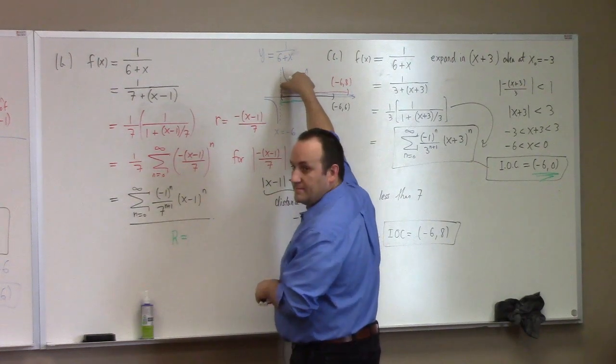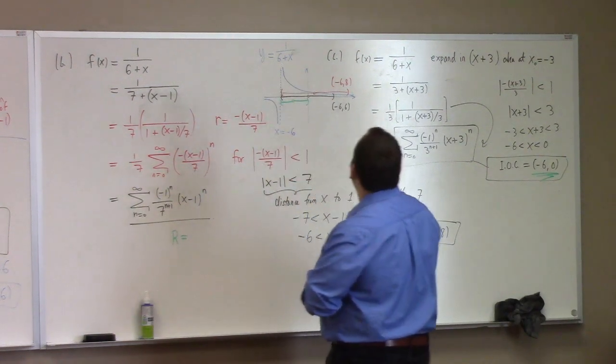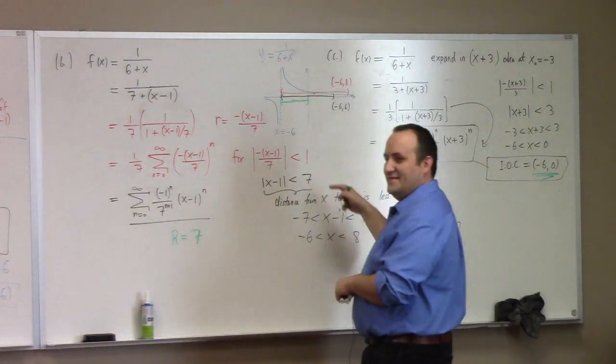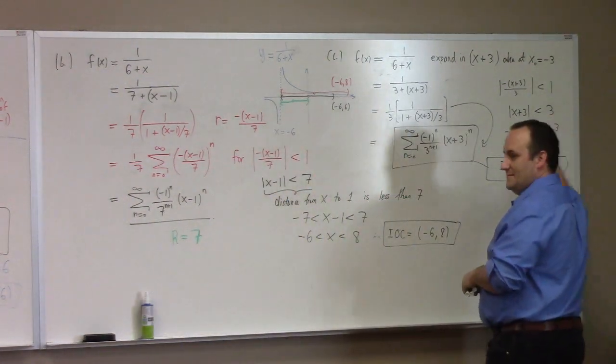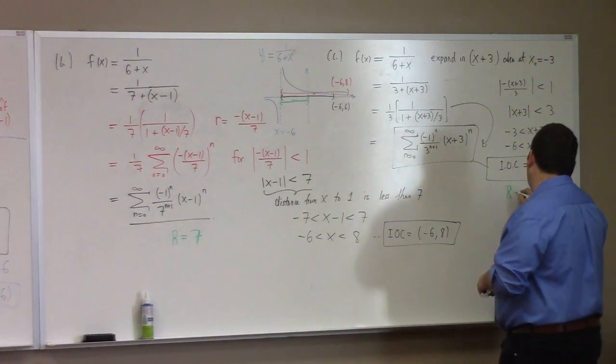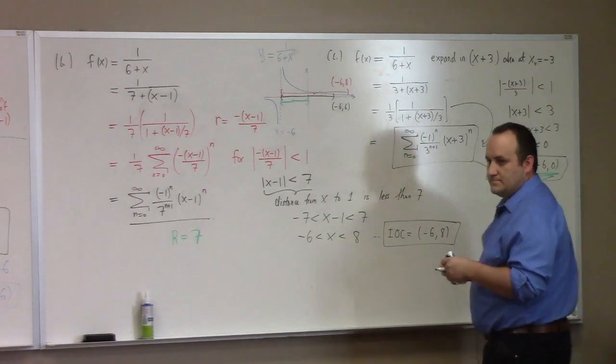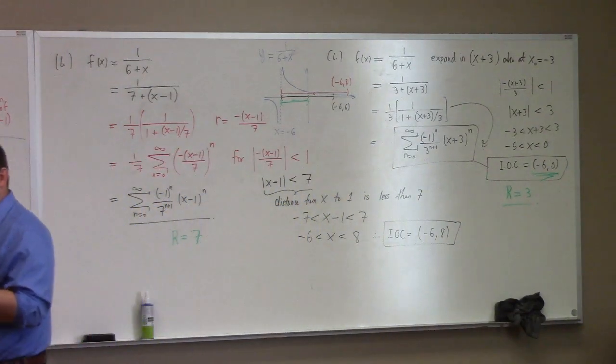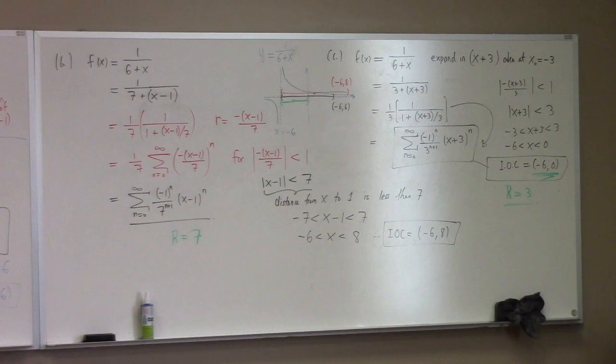It's 8, right? Is that right? Oh no, 7. 7. 3. Any questions? I just wanted to go through an example like this carefully and slowly because it's an important example, right?